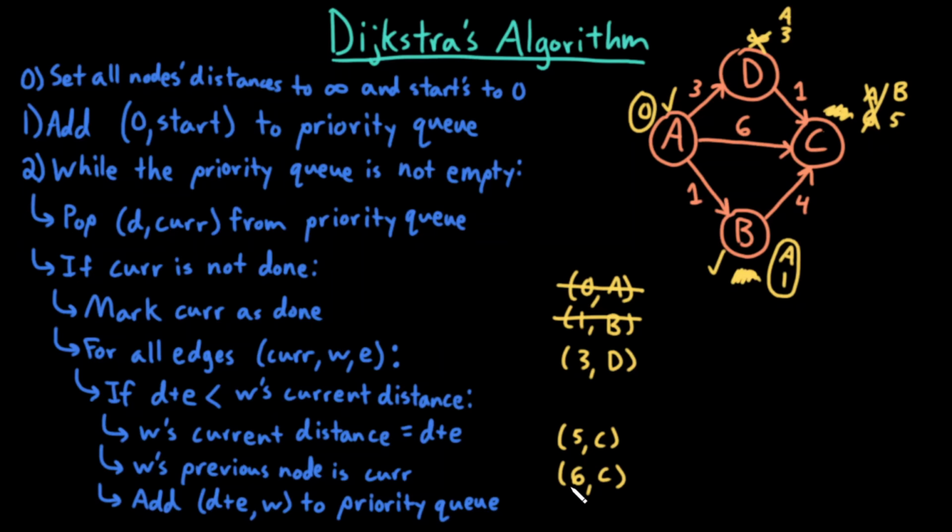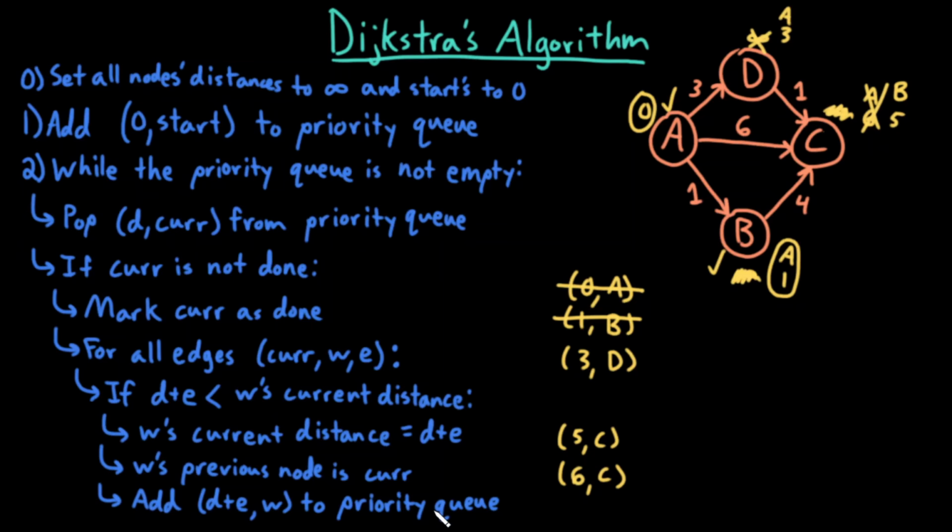So originally I had 6, C in my priority queue, but now I found a better way to get to C, which has been added with higher priority than my original one, because this is a better path. So we can indeed have duplicate nodes in our priority queue. We could theoretically have one element in our priority queue for every single possible edge in my graph. Who knows? So the fact that we have these duplicates is totally okay, and it's expected. It means that I've now found a better path to a given node. So I found a better path to C.